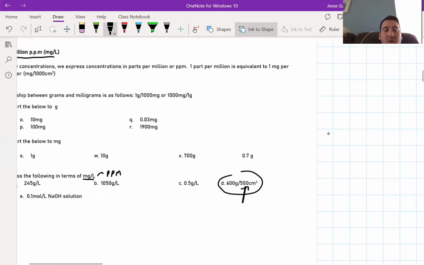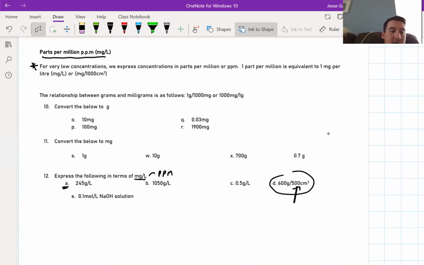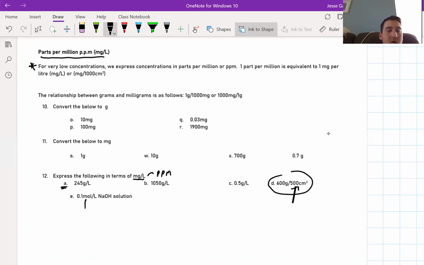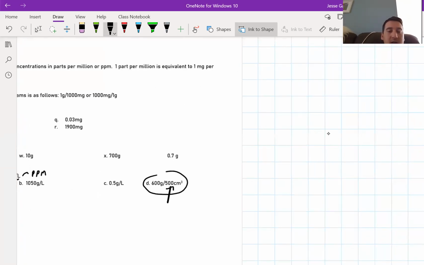And then this one we were given moles per liter, and we had to go first to grams per liter and then to milligrams per liter. So if you didn't notice those things, maybe pause the video and have another go at them now. All right, so let's talk about D and what D looks like.